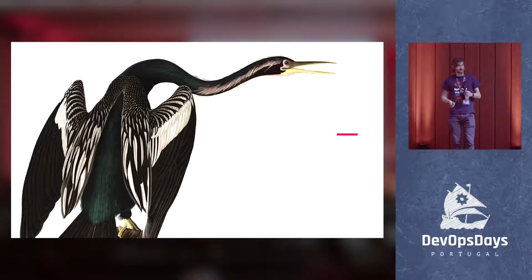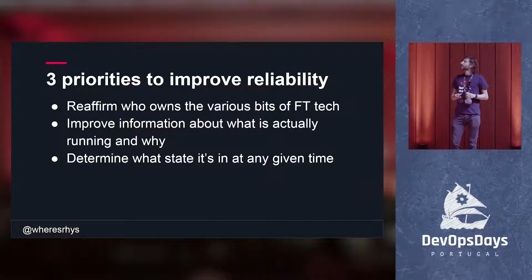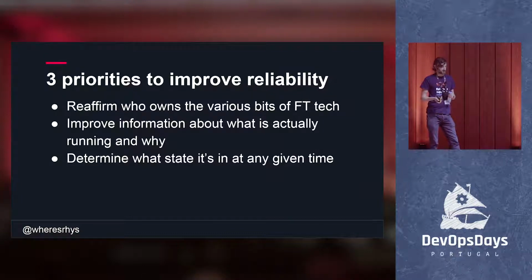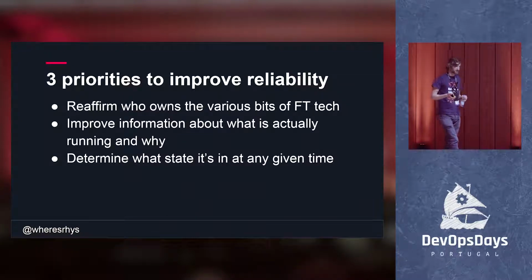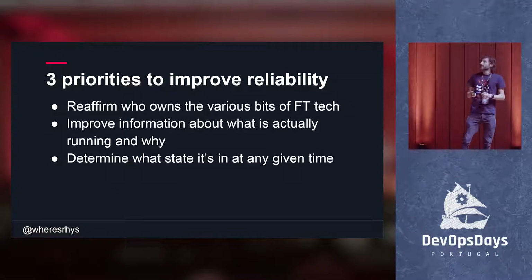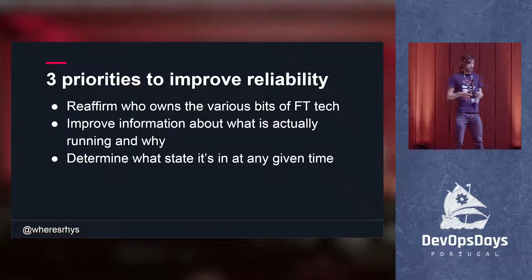Okay, so this is supposed to say using Neo4j and GraphQL to model this. So we have 3 priorities to improve the reliability when the new team was set up. We need to reaffirm who owned which bits of tech, improve the information we had about those bits of tech, and determine the health of that tech at any given time. So I'll mainly talk about the first 2 today.